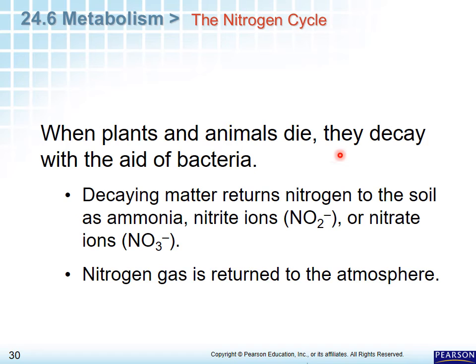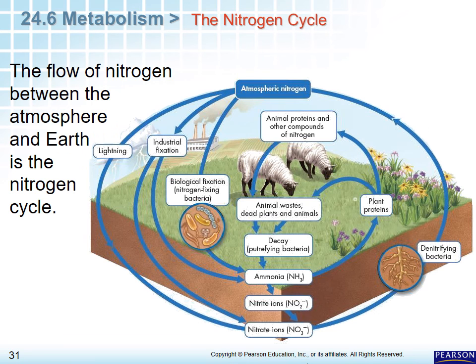When plants and animals die, they decay with the aid of bacteria. Decaying matter returns nitrogen to the soil as ammonia, nitrite ion or nitrate ion, NO2 or NO3. After decomposing, nitrogen gas is returned to the atmosphere. So any plant or animal that dies is going to be recycled.